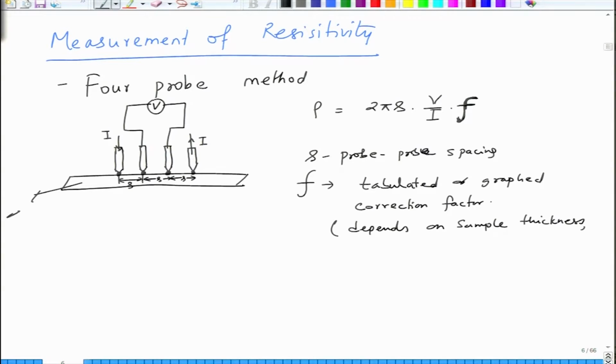So this is the semiconductor. Here this is the metal contact, and this is the metal probe.